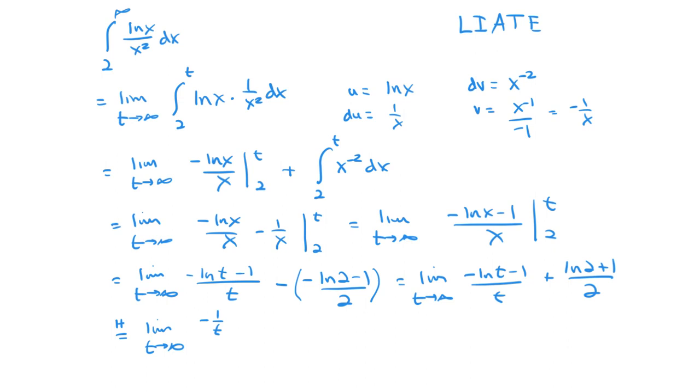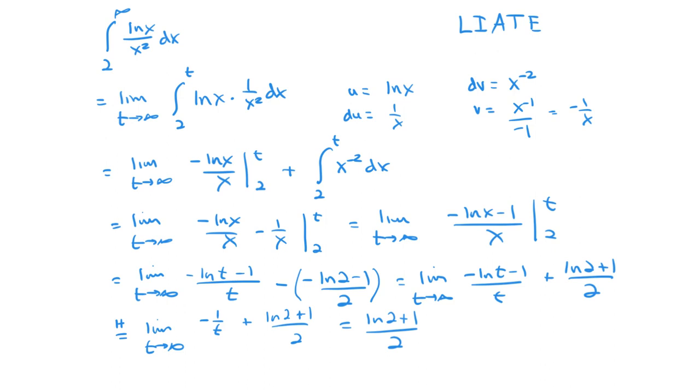So that'll just be plus natural log of 2 plus 1 over 2. Now we can take the limit here. As t approaches infinity, this term goes to 0. So the only thing we'll have left is this. Our answer for this integral would be natural log of 2 plus 1 over 2.